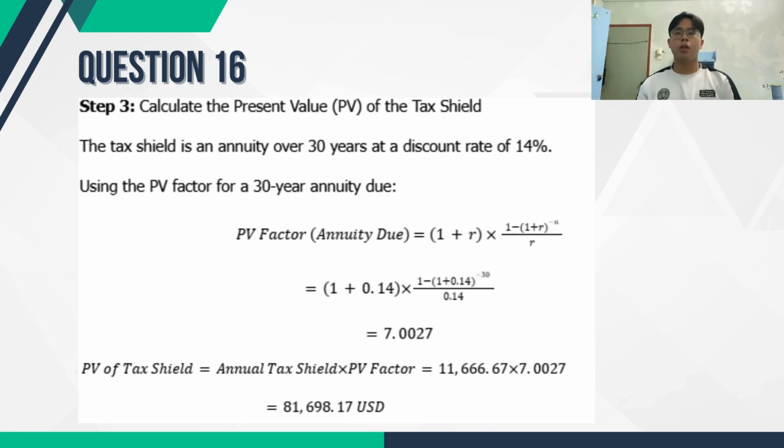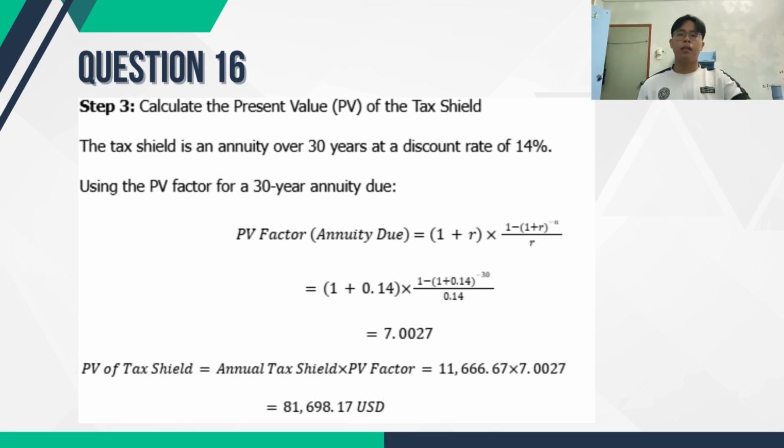Using the present value factor for a 30-year annuity due, the formula for the present value factor of an annuity due is equal to 1 plus R, where R is the interest rate per period, multiplied by 1 minus (1 plus R) to the power of negative N, where N is the number of periods, divided by R. Then we substitute the numbers into the formula. It would equal 7.0027.